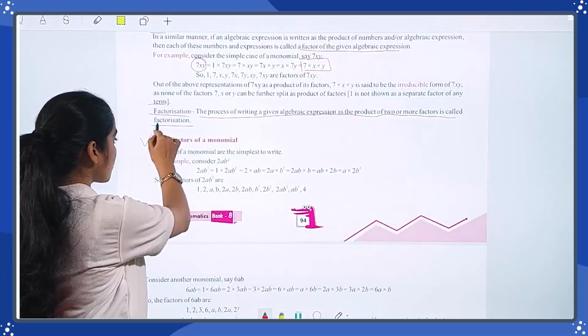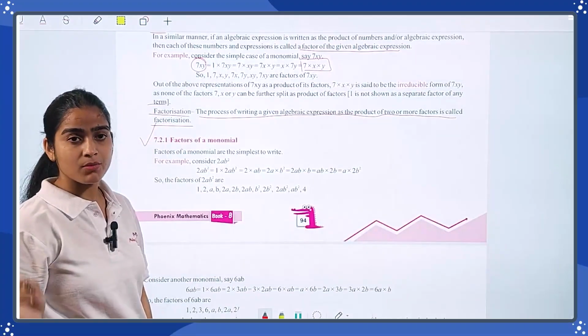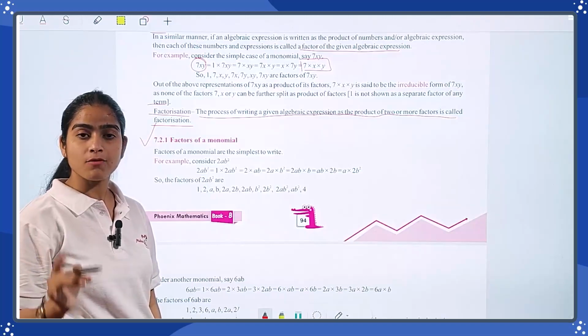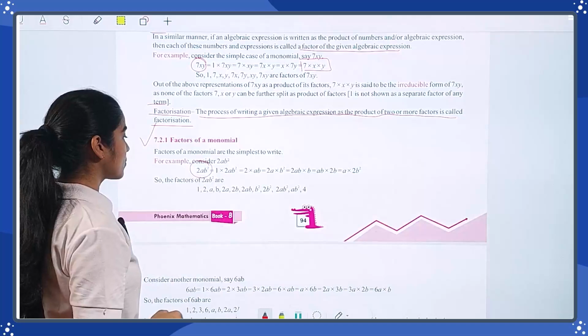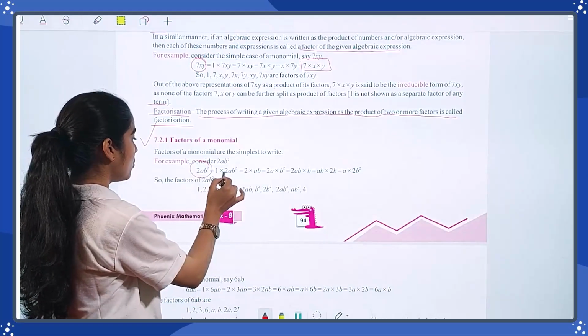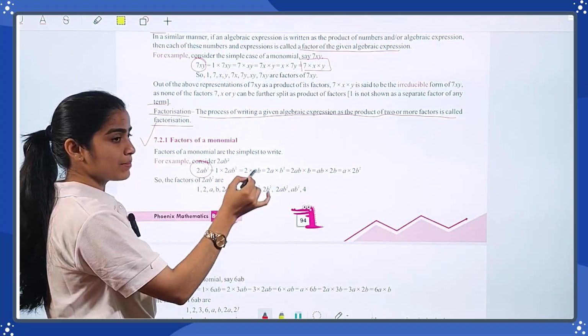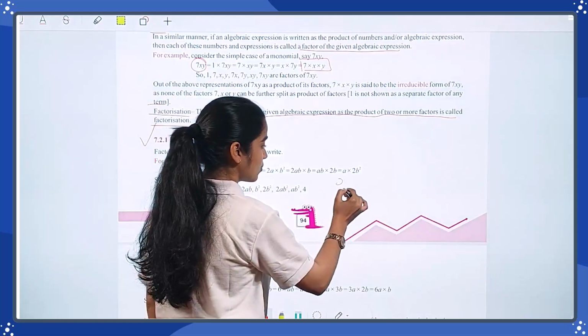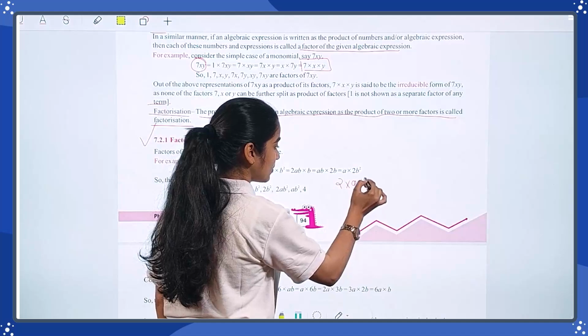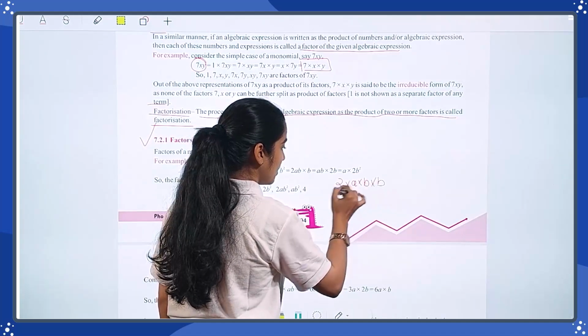Now, factors of a monomial. Again you have to remember what is meant by monomial, where we have only one term. So in one term, this is our term 2ab square, so the factors are 2 multiplied by a multiplied by b multiplied by b.